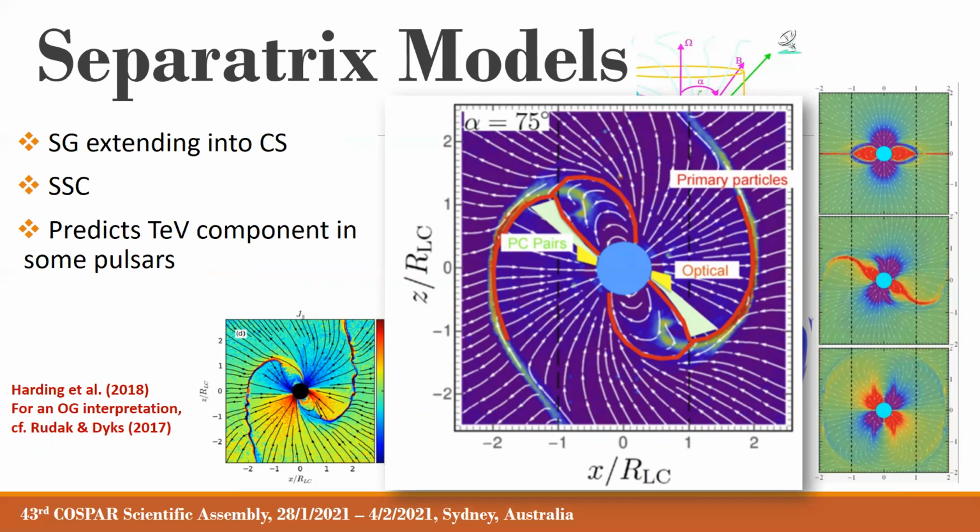Lastly, let me talk about the separatrix models or model. So if one actually takes note of all these developments in the peak models and dissipative models, then one can put that back into an emission model and implement that, and then one would see that there's a particle acceleration in the current sheet where the GeV emission comes from, and then there's optical emission invoked lower down, and then the primary particles giving you the GeV emission can actually upscatter the synchrotron emission by the pairs, and that would lead to SSC, and in some cases detectable TeV pulsations.